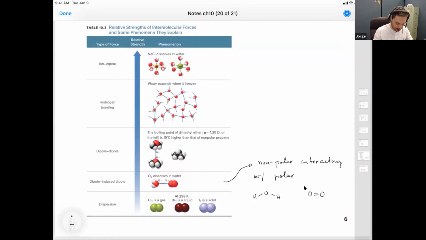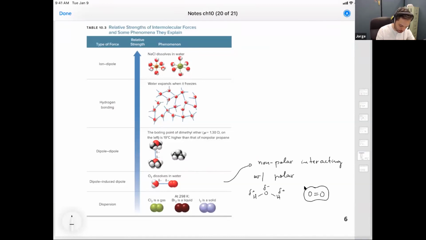Oxygen is a nonpolar molecule, so we have an even distribution of the electron cloud. However, water is a very strong polar molecule. What's going to happen here is that because water has a very strong polarization, that will induce polarization in the nonpolar compound.